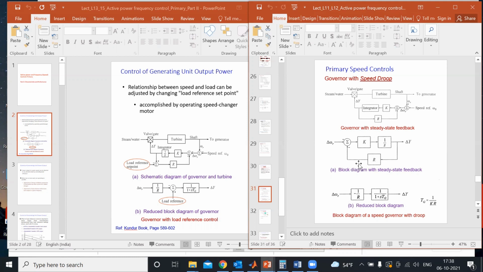So this part is represented here. And then we had reduced this complete representation as this one. So here we had the governor with the speed droop included. Now, in this case, the governor regulation was based on the droop characteristic applied on the governor.